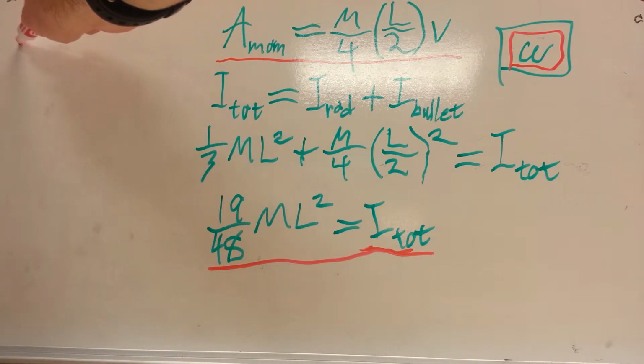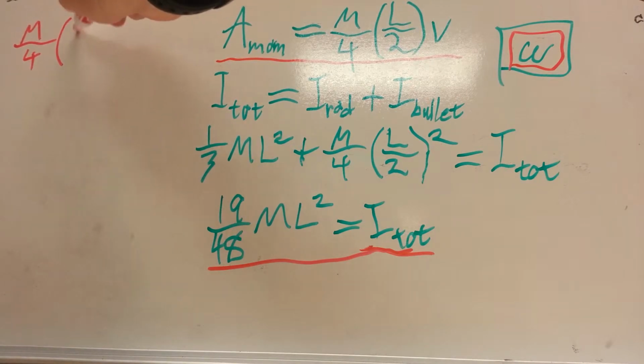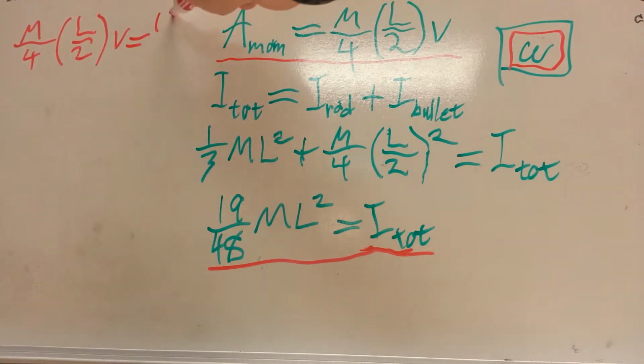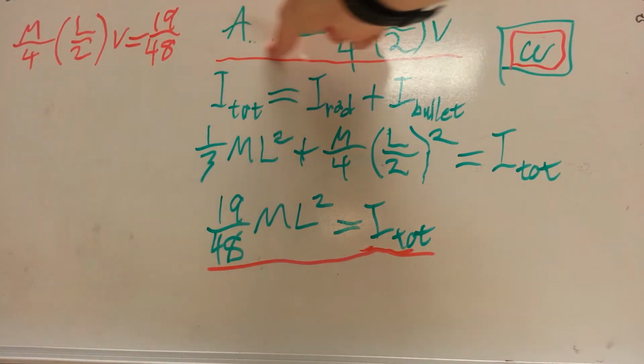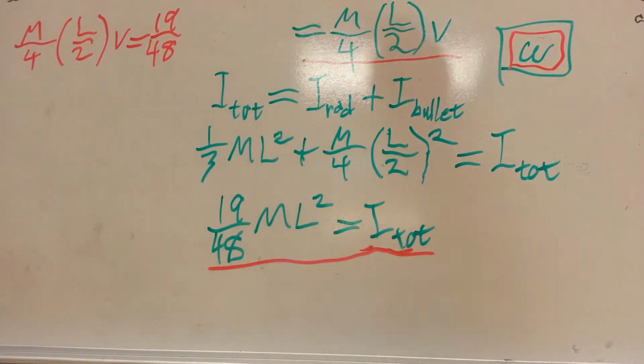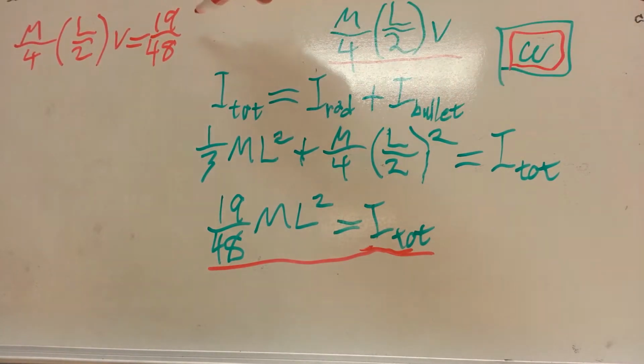Since angular momentum is conserved, you can say m over 4 times L over 2 times V is equal to 19/48, you know what this is equal to, ML squared, and that is times omega.